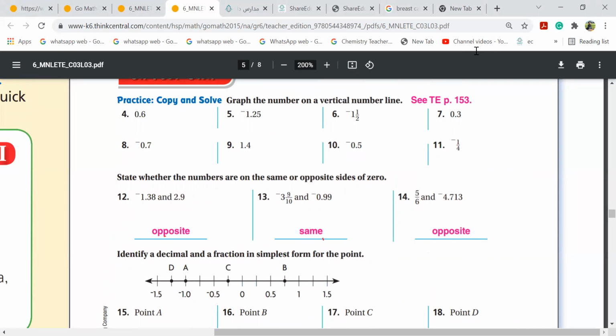And I'll call out your names, one second. Point A. Who can tell me what is point A? Tala, what is the number of point A? Jury, on point A, what is the number?